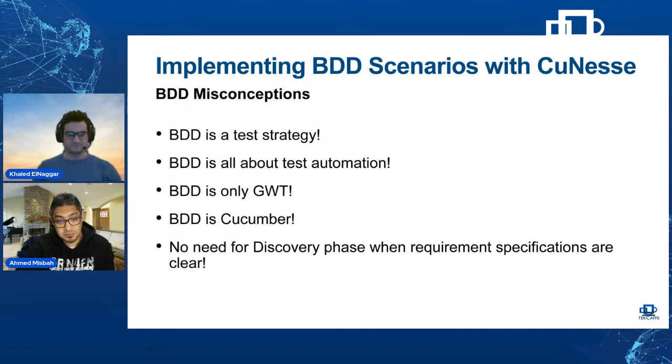The last misconception is, let's just skip the discovery phase. There's no need for that. We have really good requirements. Let's just turn these requirements into Gherkin scripts and automate the scripts, and that's it. As we've said, BDD is discover, formulate, automate.